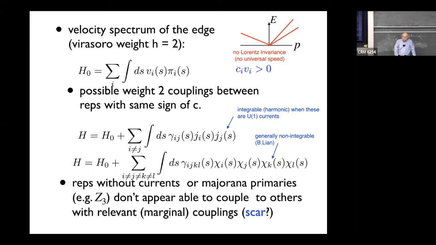In general. If I took many layers of quantum Hall states, actually you can do it by counting. This gamma ijkl has to be totally anti-symmetric, right? You could do something by counting the number of independent coefficients, and for a small enough number of Majoranas it's small enough that you can find it integrable, but it's generically non-integrable.